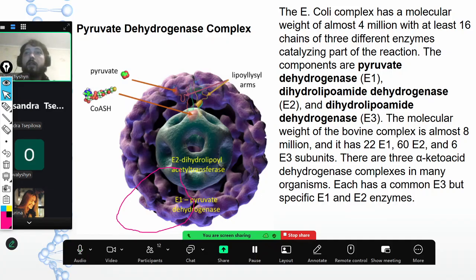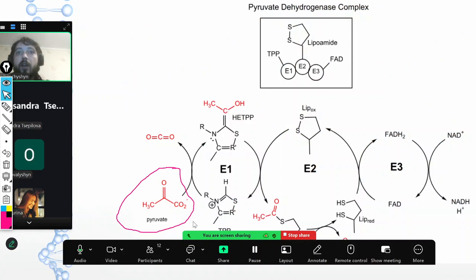In this case, they are called E1, that's pyruvate dehydrogenase, E2, dihydrolipoamide acetyltransferase, and E3, dihydrolipoamide dehydrogenase. The molecular weight of the bovine complex is almost 8 million. So it's a really, really large complex.